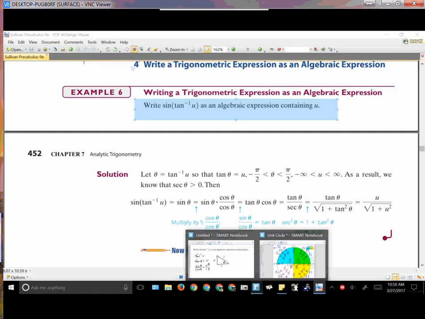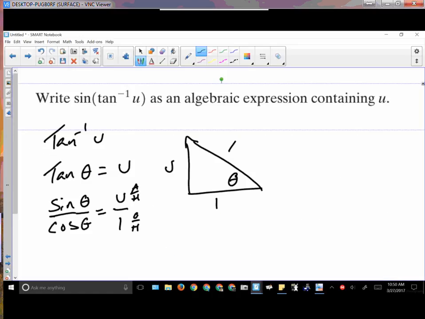So now I've got to take the sine multiplied by whatever that was, right? Okay, so this is where we were at. And we were supposed to write this as an algebraic expression, right?